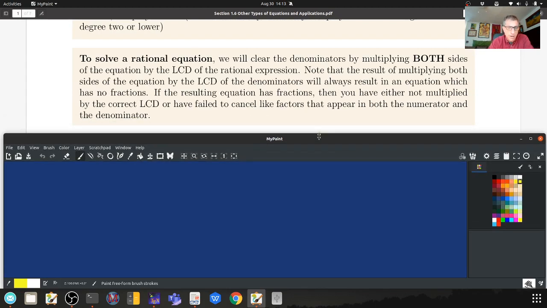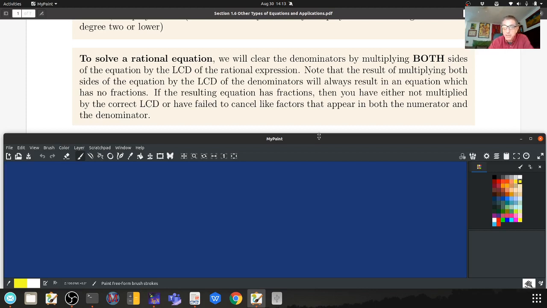So to solve a rational equation, we're going to use the trick that we always do. We're going to clear the denominators by multiplying both sides of the equation by the LCD of the rational expression. The result is a new equivalent equation with no fractions, no denominators.